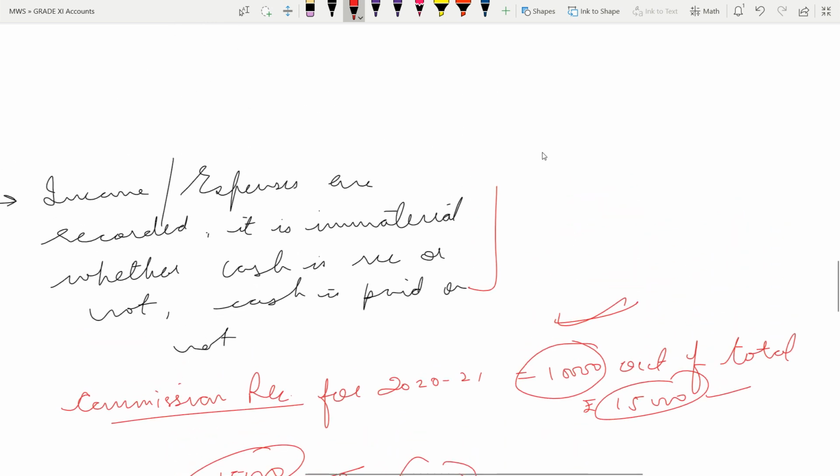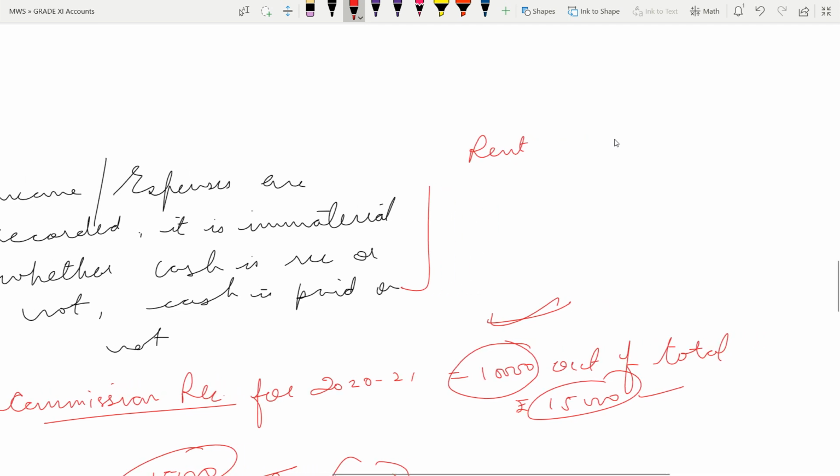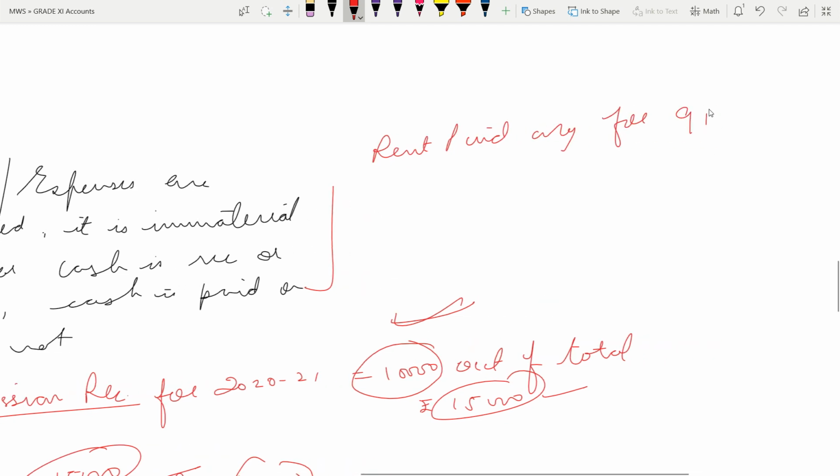In the same way, I am taking the example of rent. Rent you have to pay for 12 months, and the year ends. At the end of the year you get to know that you have paid rent only for 9 months. You have paid cash only for 9 months, and 1 month rent is 1,000 rupees.